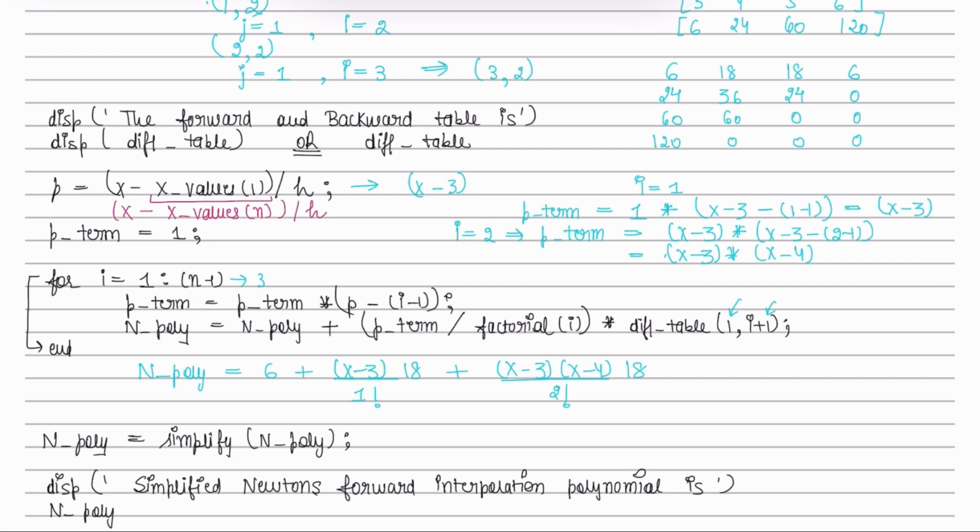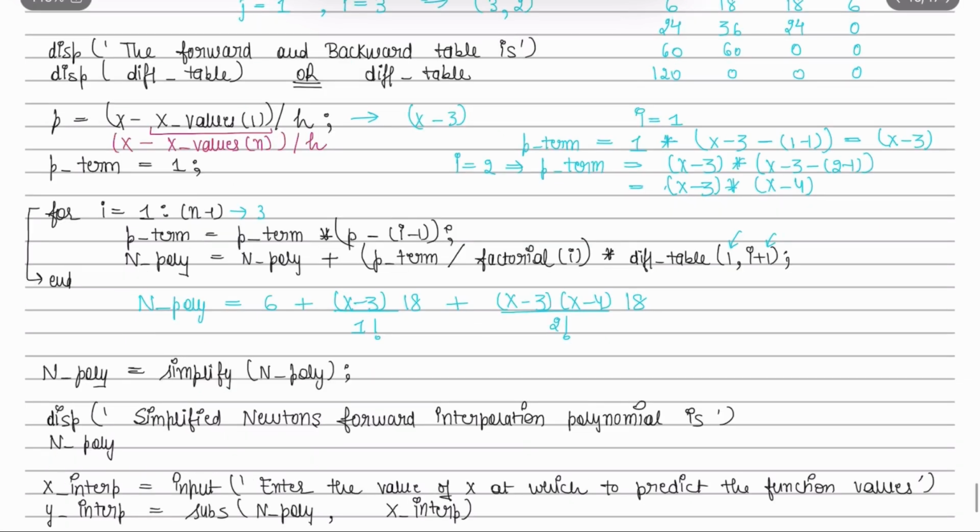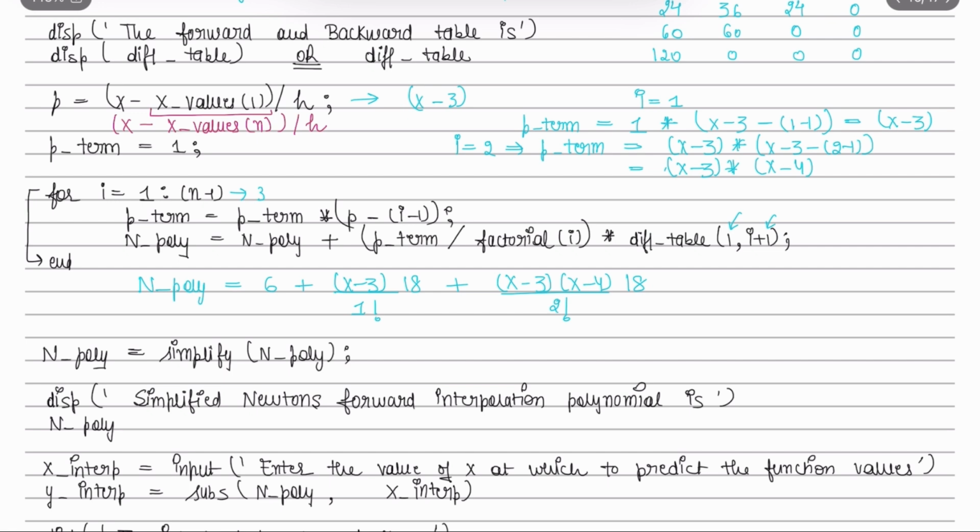And for the code of finding the polynomial, we just have to make a little change at the difference table, where we will use the index n here in place of 1 comma I plus 1.